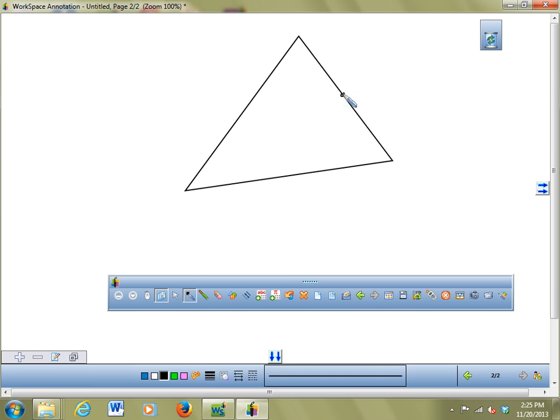So if I connect this midpoint to that midpoint, and this midpoint to that midpoint, like this, and I connect all three of these, what do you think is true about all three of these triangles? They're all congruent. Okay? So it also makes 4 congruent triangles.